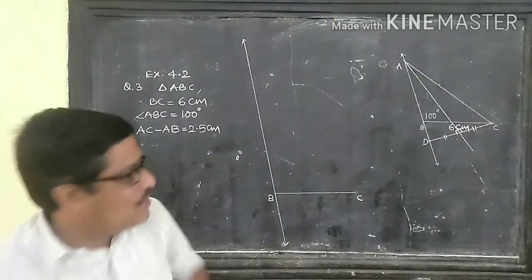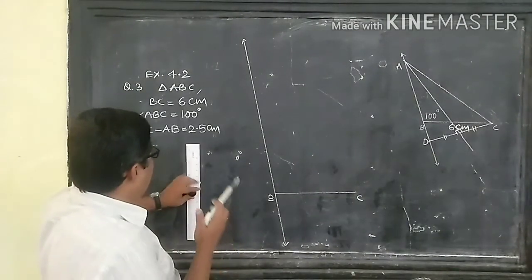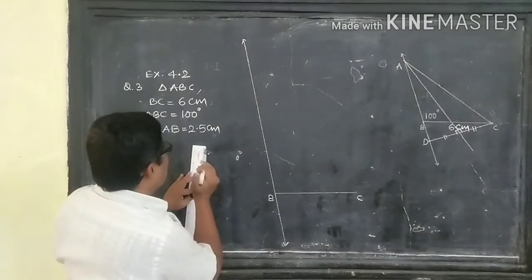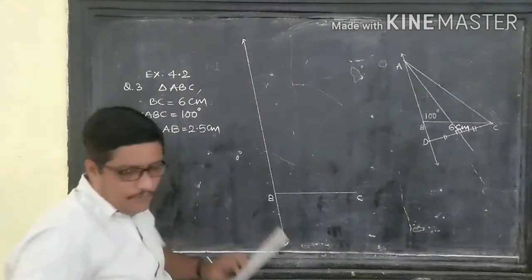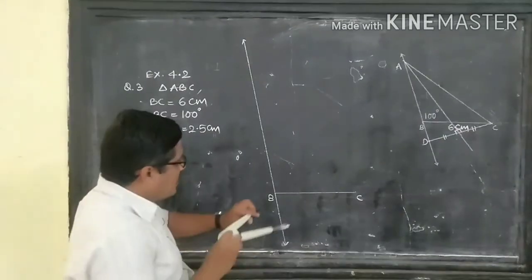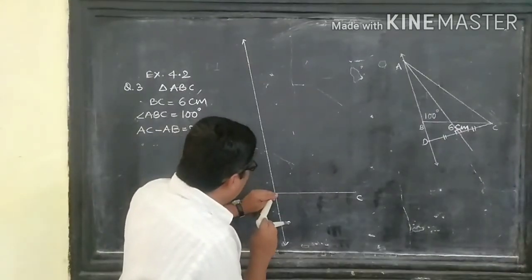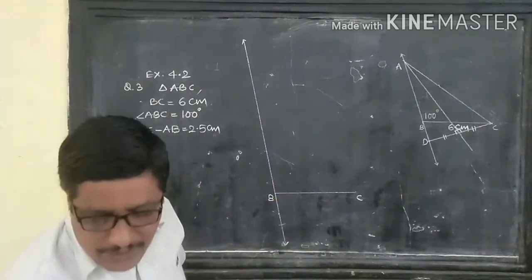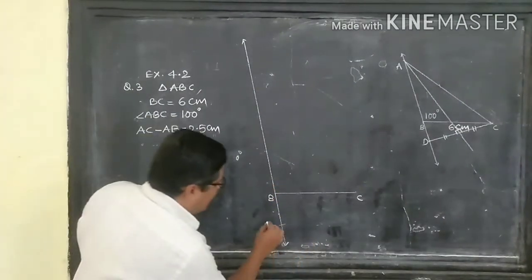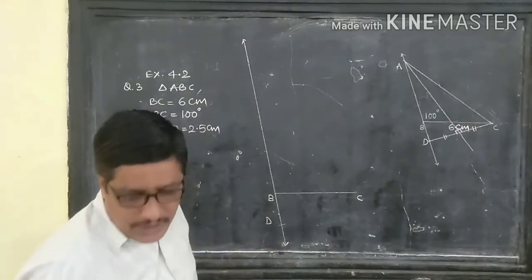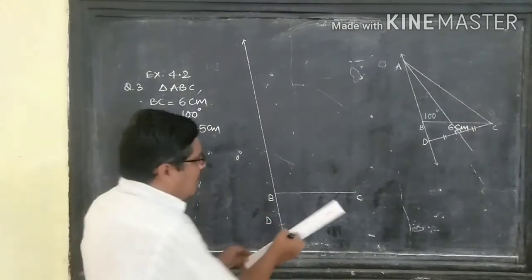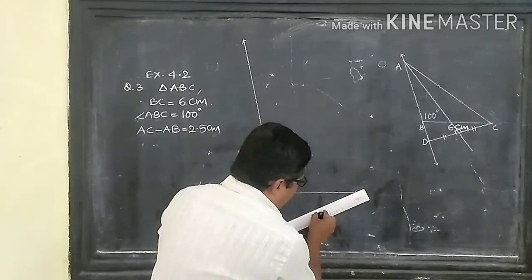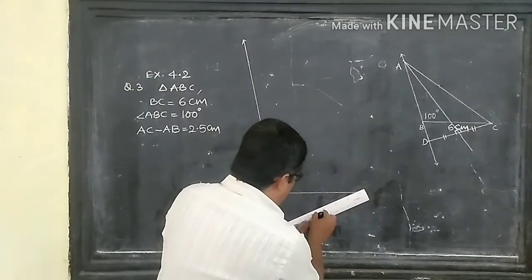So that measure we have to take as radius. So this is 2.5. By taking measure 2.5 we have to draw an arc that will give us point D. So this is point D. After getting point D we have to draw segment CD.